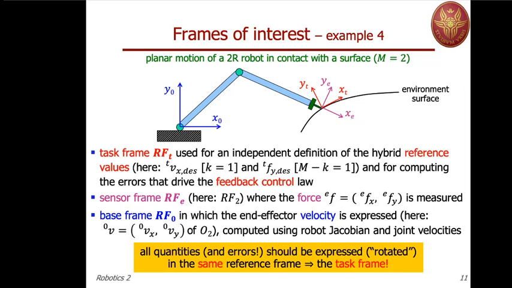So this will be clear when we associate a block diagram to our generalized hybrid force motion control. So this is a very important thing. Please understand it correctly. Otherwise, you would select quantities which are correct and you believe that they are in fact wrong.